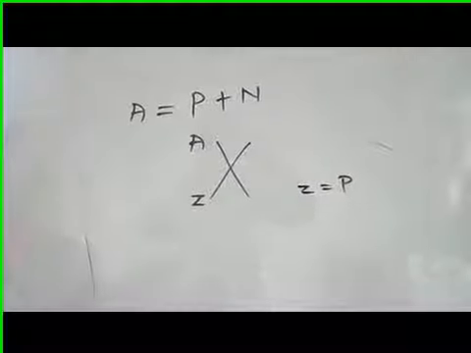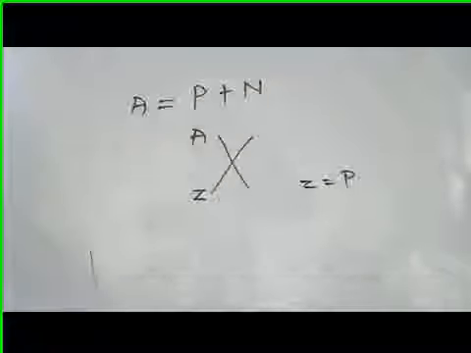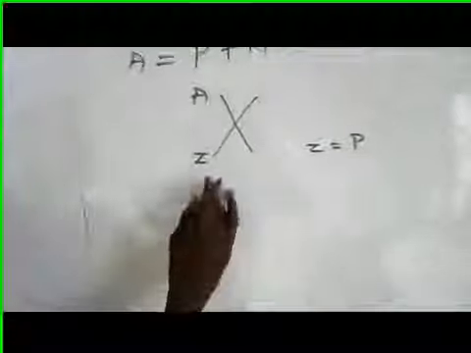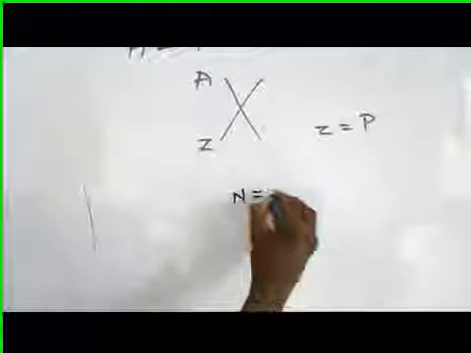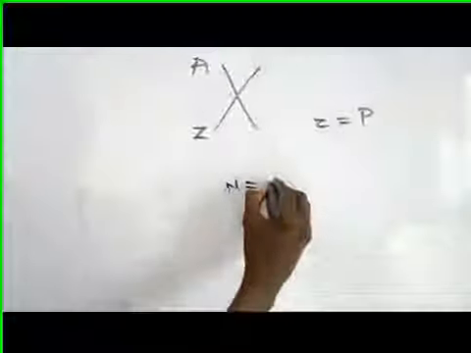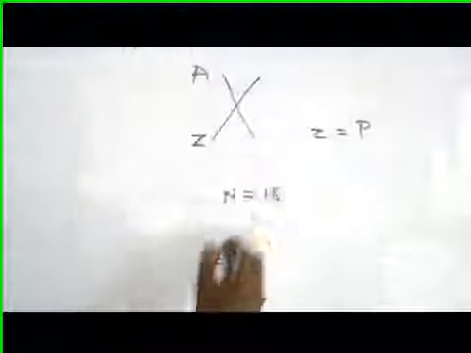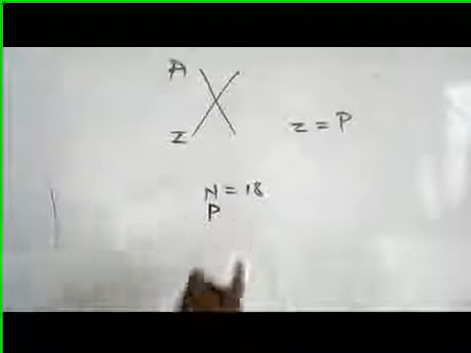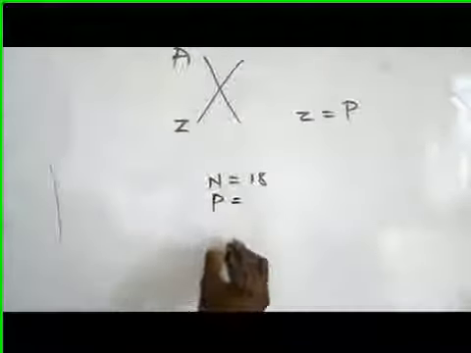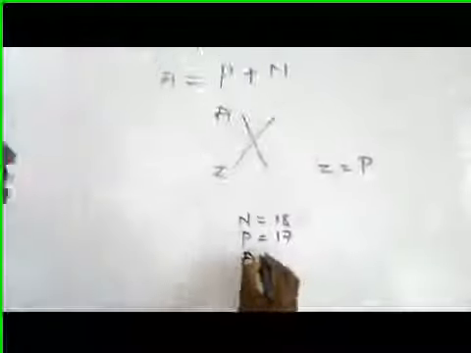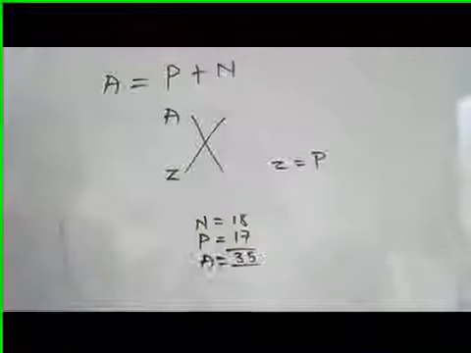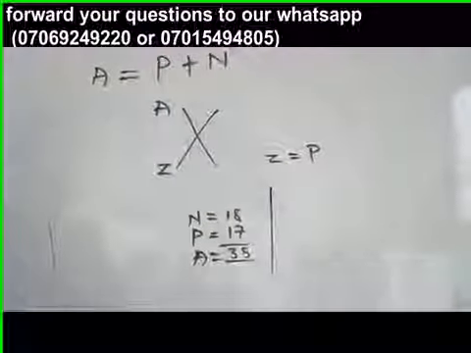So let's say, for example, you want to calculate the mass number of chlorine. If the number of neutrons is 18, and the number of protons, which is equal to the number of electrons, is obviously 17, then you add them together to get the mass number A, which is 35.